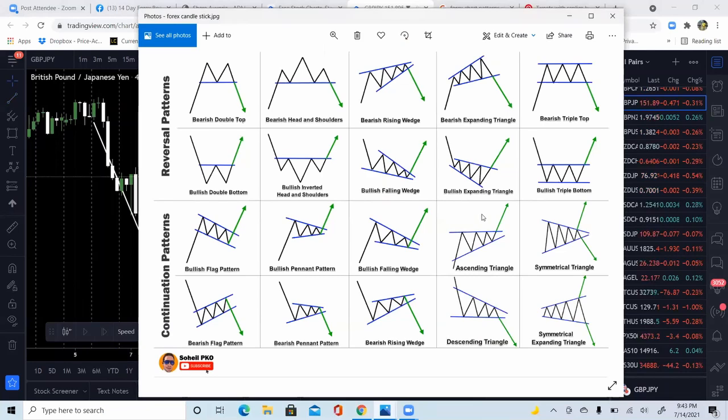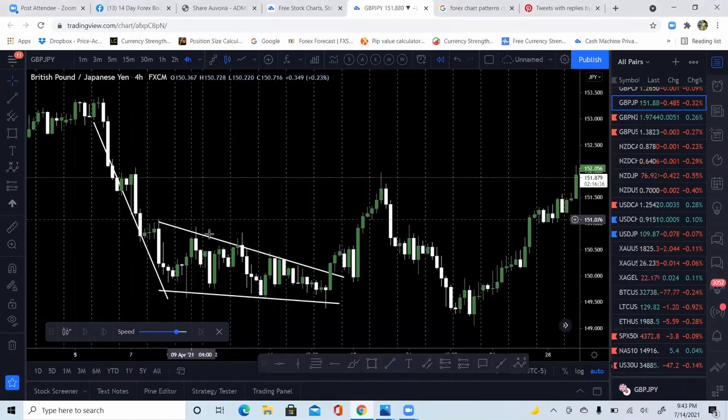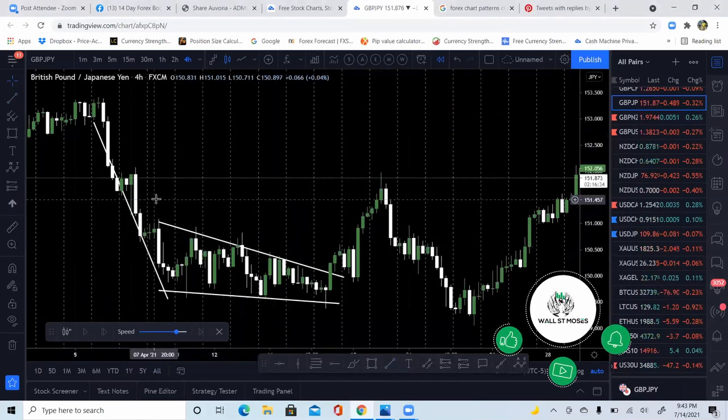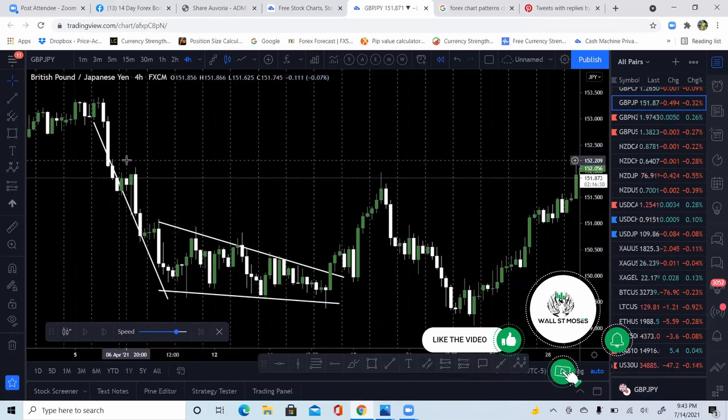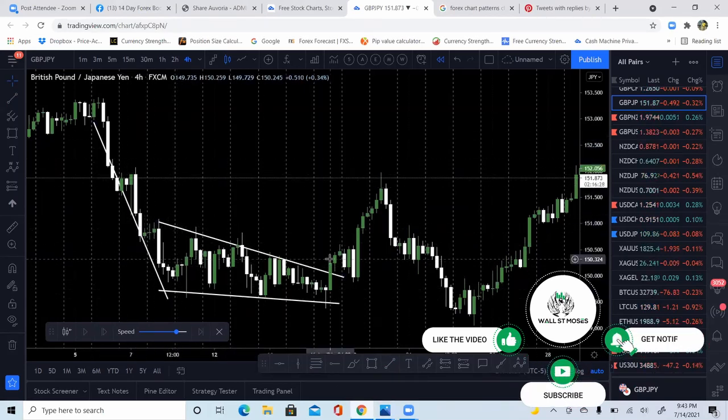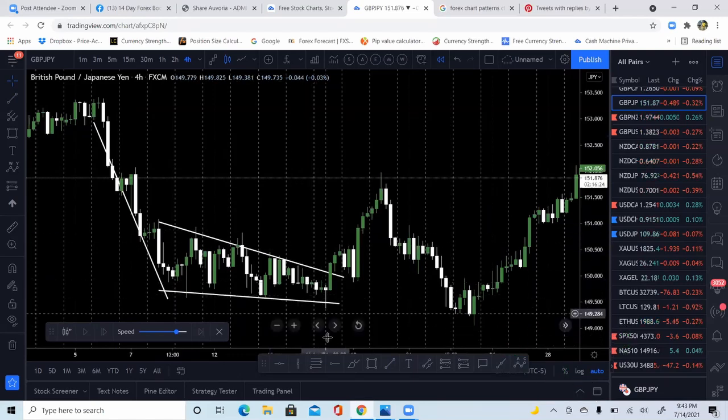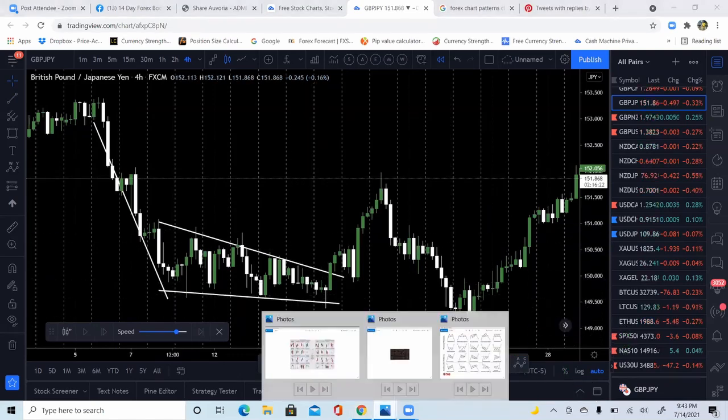You have an expanding chart. You have a descending wedge here. So what does a descending wedge do, right? Because you've been getting the pattern of these Forex patterns. They are continuation patterns, but not all of them are continuation patterns. Some of them are reversal patterns.